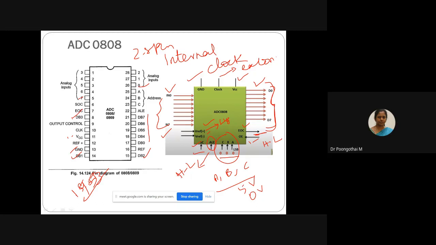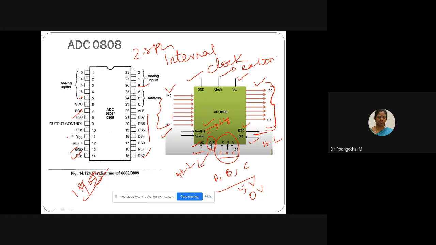So we have 28 pins in total, with 8 input pins and 8 output pins. We can connect 8 devices at the input side, but only one device can be interfaced with the ADC at a time. This selection is done using the ABC address lines.